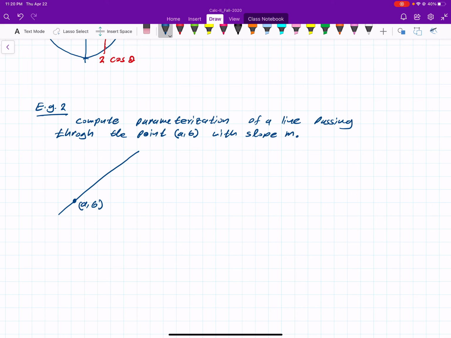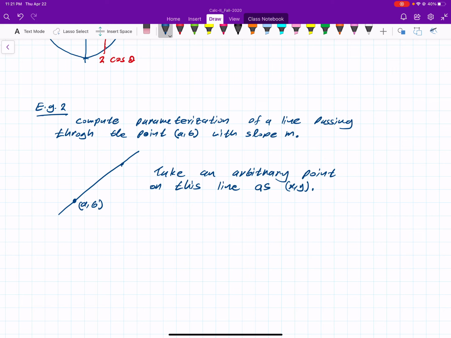Let's take an arbitrary point on this line as (x, y).